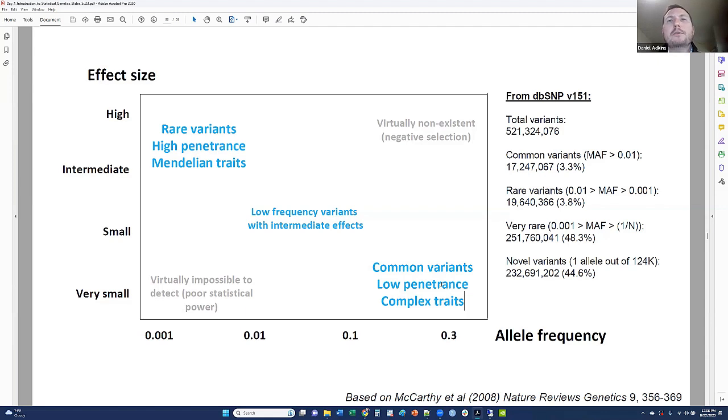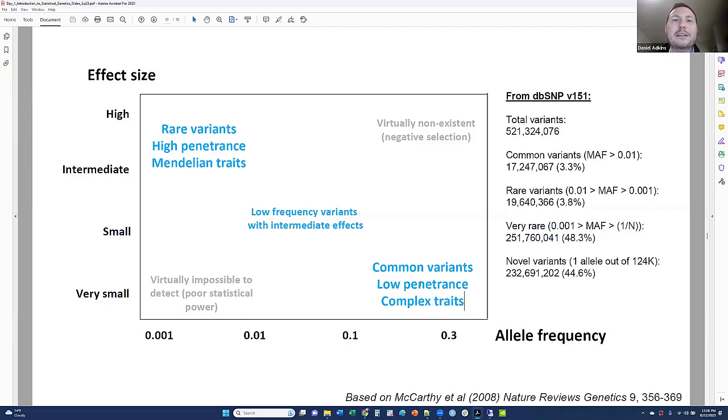There's been a lot of debate for a long time, and there are certainly folks in some quarters of genetics even now who argue that most of the phenotypic variation that we observe in humans is not due to common variation; it's due to rare variation.